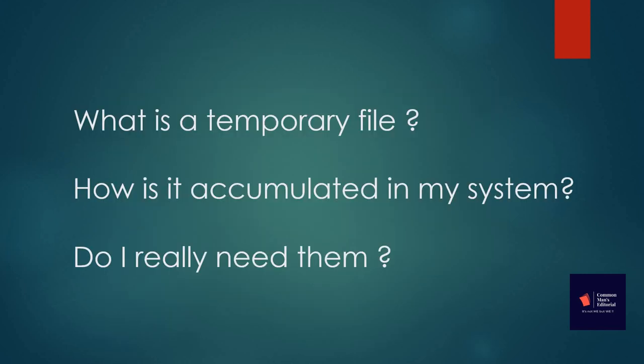So that's what a temporary file is. But how does it get accumulated in my system? Say, for instance, I'm using a Windows program, or any kind of OS you are in, like Linux or Mac, any kind of operating system you have, right? We run certain native programs. What I call a native program is some kind of task or operation or program that is native to that operating system.